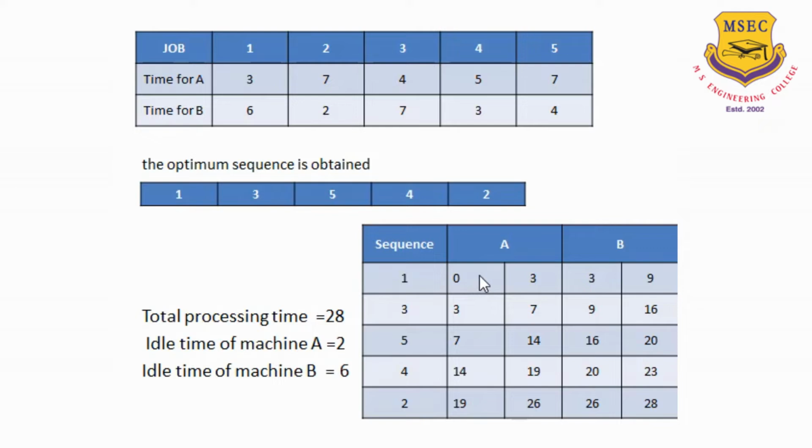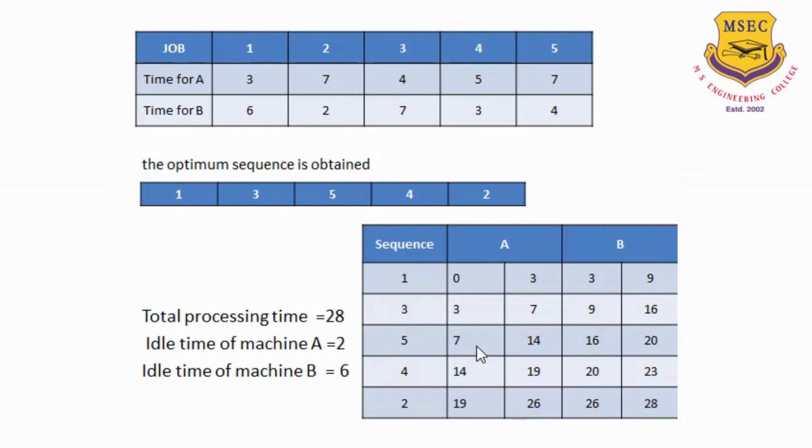So 0 plus 3. Now the next job to be performed, the third job, has to start at 3. What is the time that's going to be taken for the third job on machine A? It is 4. So 3 plus 4 is equal to 7.